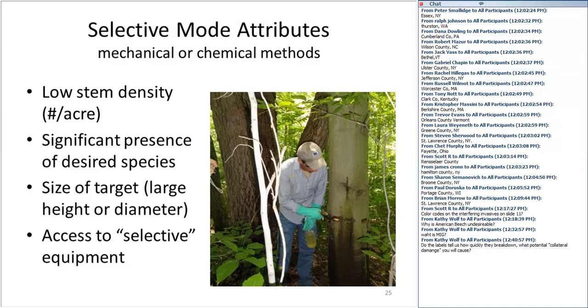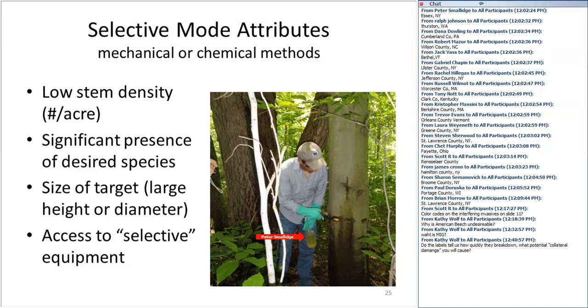It may be that you have large stems like this beech tree that is being treated by hack and squirt, and that's going to call for a selective treatment. It may be that all you have access to is selective equipment, like a hatchet and a squirt bottle, and so you're limited to selective equipment.